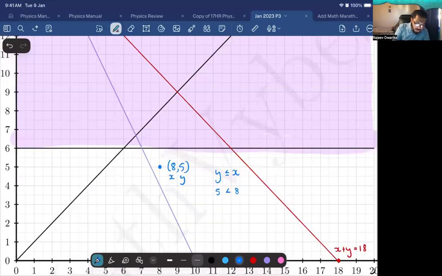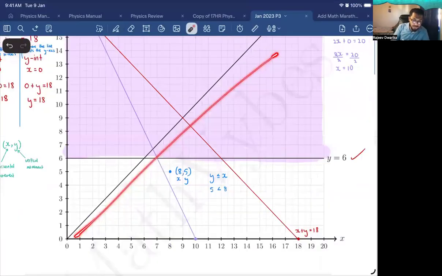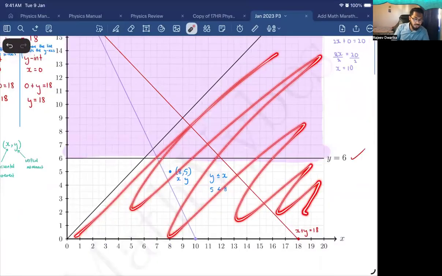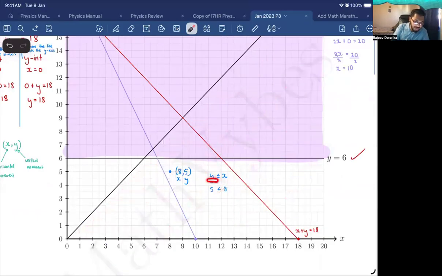So am I allowed to shade this region now? Yes, because that region satisfies the inequality. My inequality is y is less than or equal to x, so any point I take in this region, the y value is going to be less than the x value.